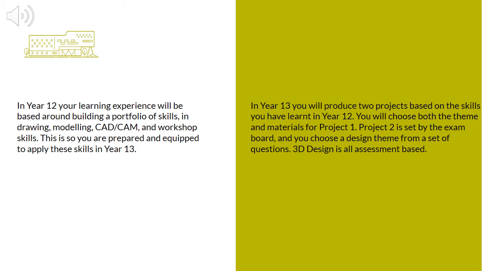The questions are so broad, so for instance this year we had a question on base your theme project around colour, and the other one was base your theme project around fluid form. So you can pretty much choose your own theme and project and just get it to relate to one of the questions, and then that project is submitted just after Easter, and these are both assessment based.